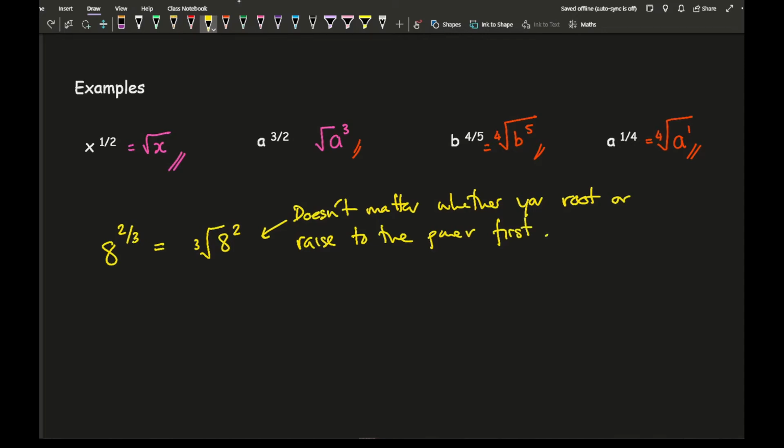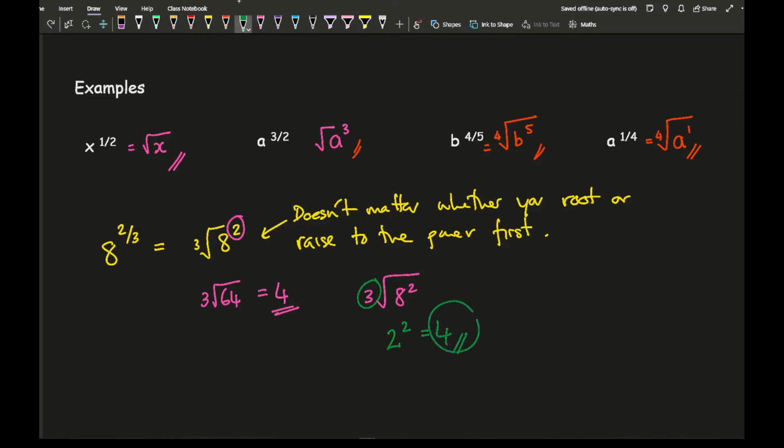So here, if I did the power first, 8 squared is 64. Can I cube root 64? Yes, I can. So the answer is 4. If I then, let's say, did the cube root first, then the cube root of 8 is going to give me 2, and 2 squared is 4.